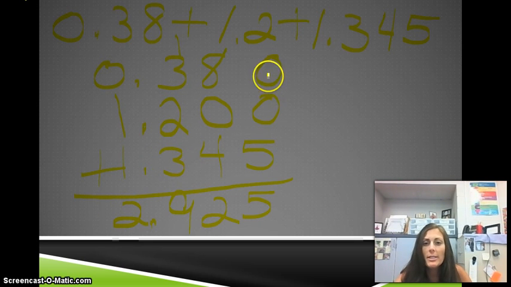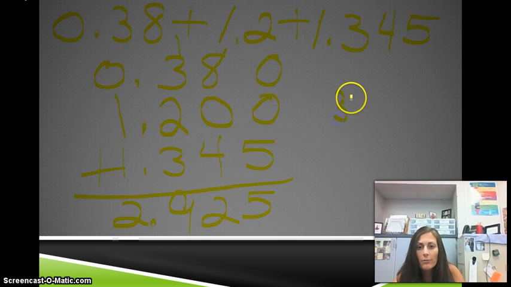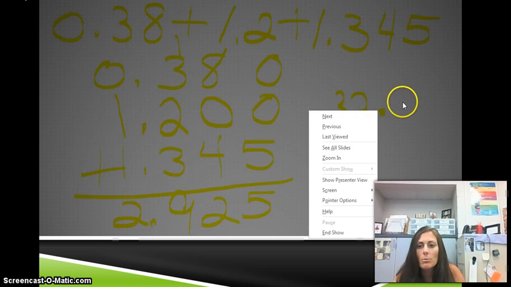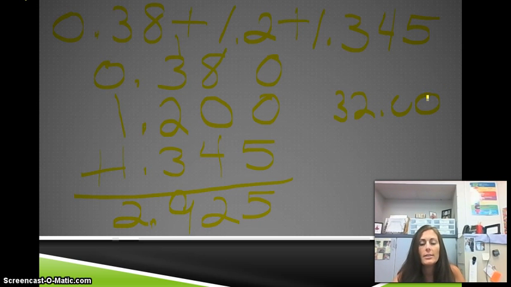I fill in the empty spaces with zeros, and then I've added them all together. As we look at the one that talks about the invisible decimal, for example, just like I did earlier, if you have 32, I always think of money. It's easier for me to think of it that way. So here would be my decimal, and then I would add the zeros. That kind of touches base with all the main concepts for this topic.